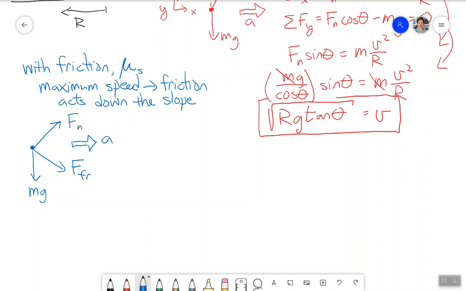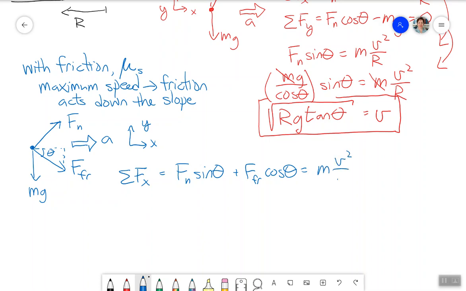Okay, so we'll do the same thing we did before, x and y. The sum of the forces in the x direction is once again Fn sine theta, but now it's also the component of friction, where this angle here is theta. The component of friction is friction times cosine theta, which is mv squared over r.